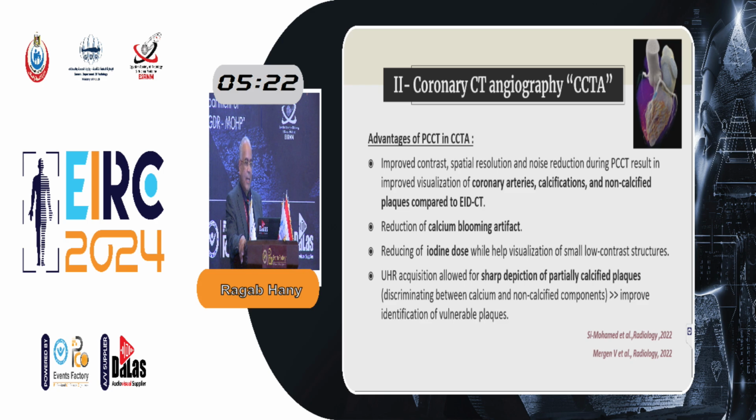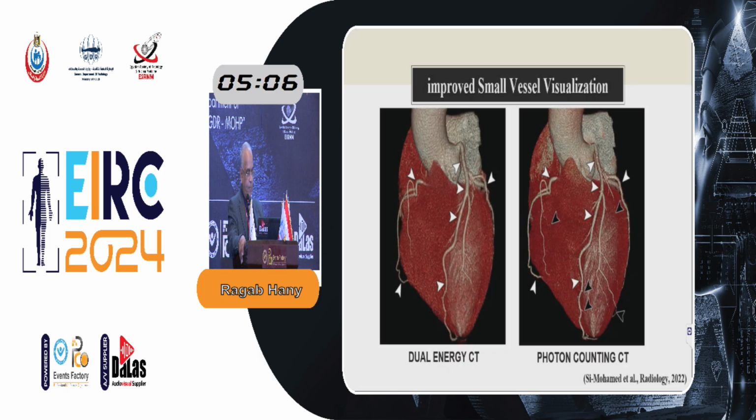We have no calcium blooming artifact because the pixel size is small, and also there is no photon noise. Also, if we have a small calcified plaque, we can characterize it and separate it into the calcified part and non-calcified part.